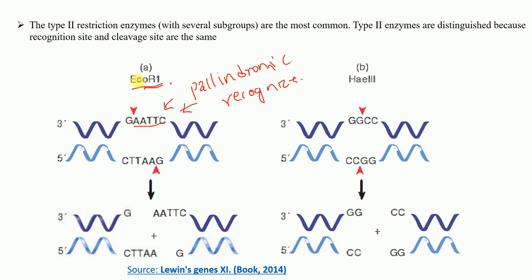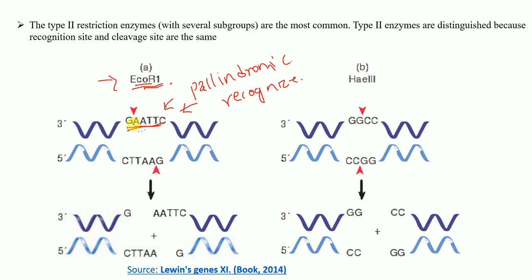So basically, for example, we took EcoR1. This is a restriction enzyme. It recognizes the recognition sequence in a DNA. This recognition sequence is around 4 to 8 bases, and it is palindromic in nature.